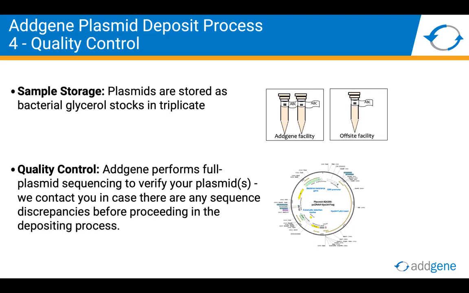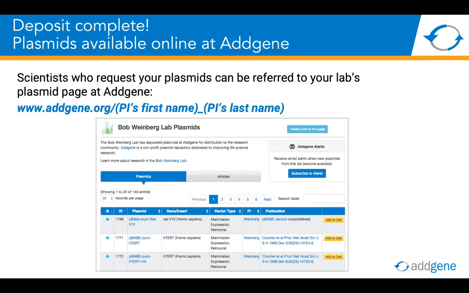If there is any discrepancy in the sequence, or we have any questions, we'll check with you before we make the deposit process complete. And then if everything checks out, the deposit is complete and the plasmids can be available on Addgene.